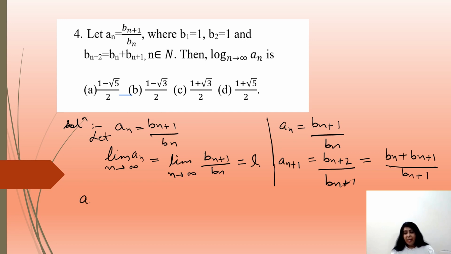So what will you get? an plus 1 is equal to 1 plus bn upon bn plus 1. So we get an plus 1 equal to 1 plus bn upon bn plus 1.